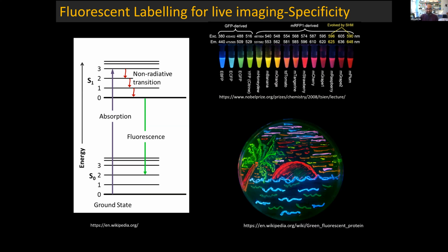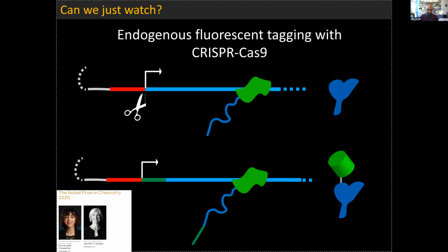Now, to actually use these to study protein interactions, we use genome editing, which many of you have likely heard of, and which won the Nobel Prize in 2020. It uses the CRISPR-Cas9 system to genome edit basically anything we want nowadays. What we do is insert the sequence for the fluorescent protein we want to use next to the sequence of the protein that we want to study.